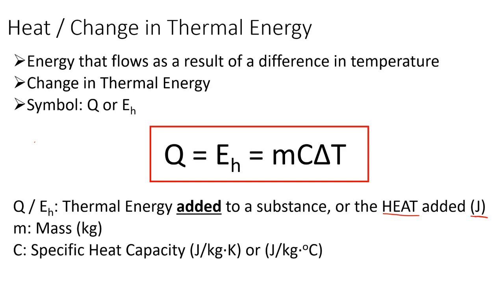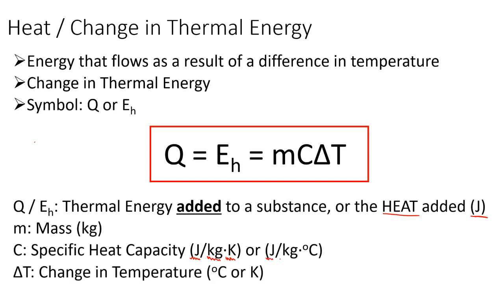So specific heat capacity is unique to a substance, and that tells us how much energy is required to heat 1 kilogram of material by 1 Kelvin, or how much energy in joules is required to heat 1 kilogram of a substance by 1 degree Celsius, because 1 degree Celsius and 1 degree Kelvin have the same increment.